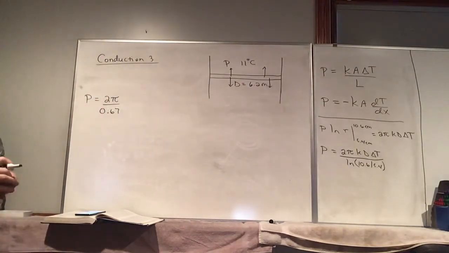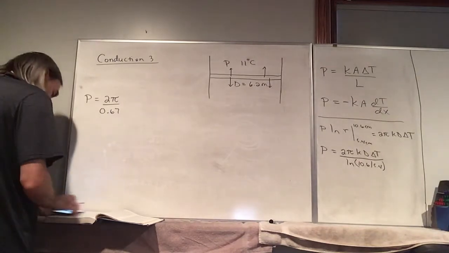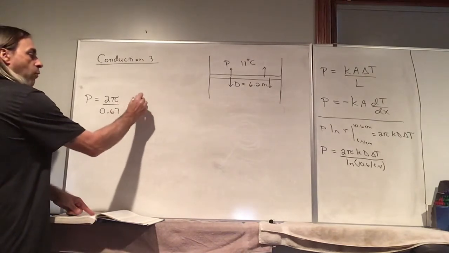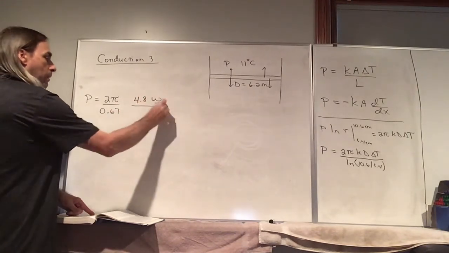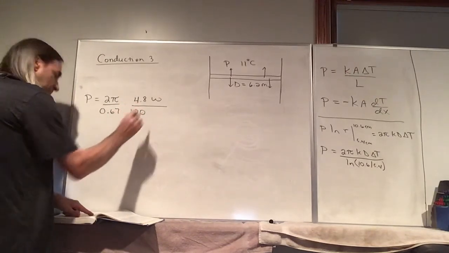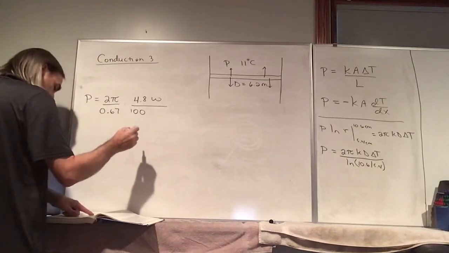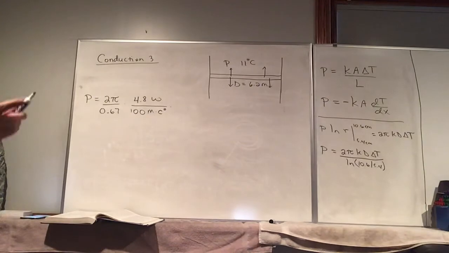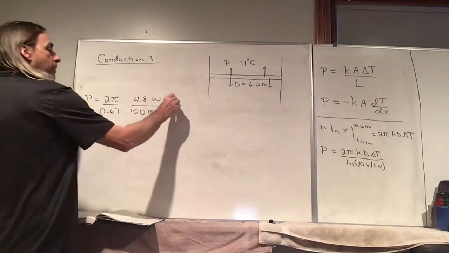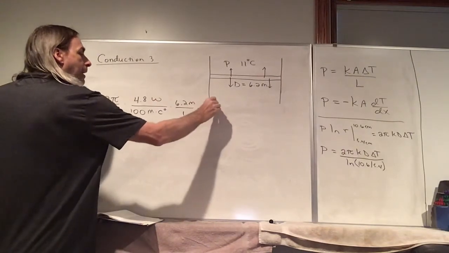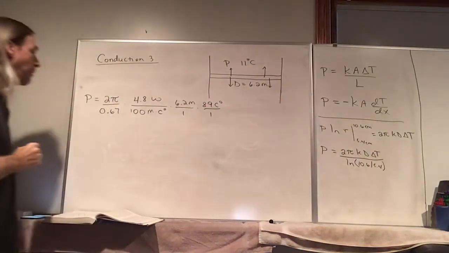Okay, so that's the 2 pi over the logarithm. And then we have K, which is 0.048, so I'm going to write that as 4.8 over 100, and that is watts over meter Celsius degrees. D was 6.2 meters, and delta T was 89 Celsius degrees.